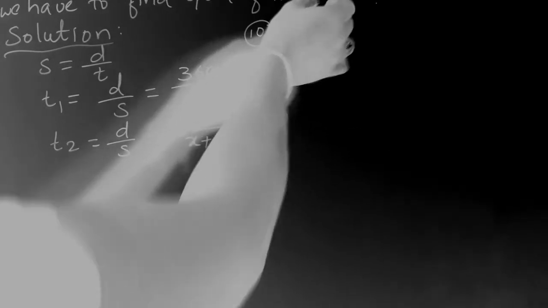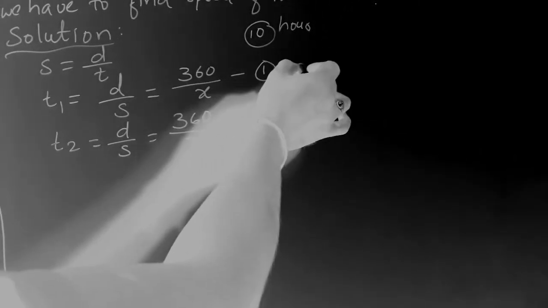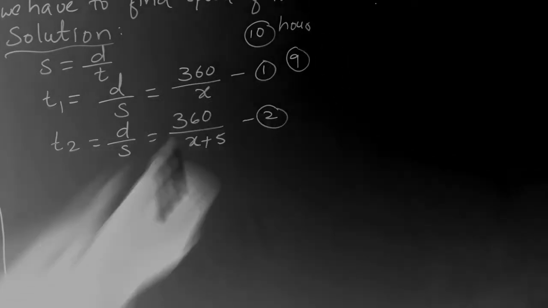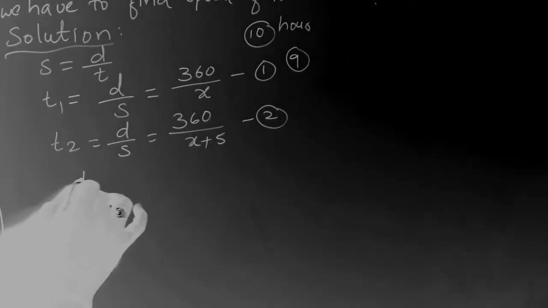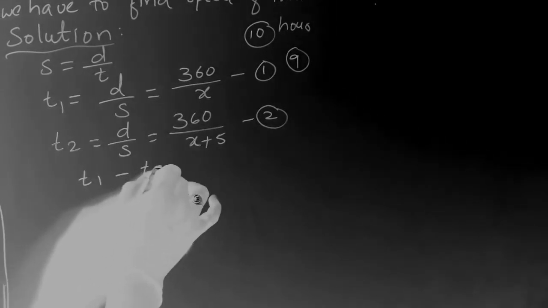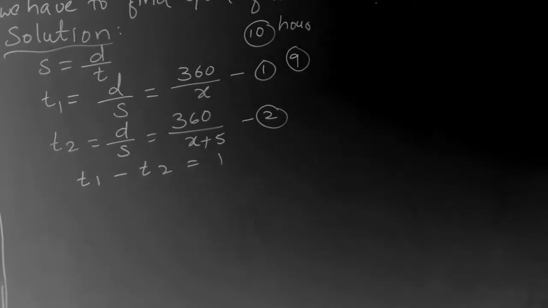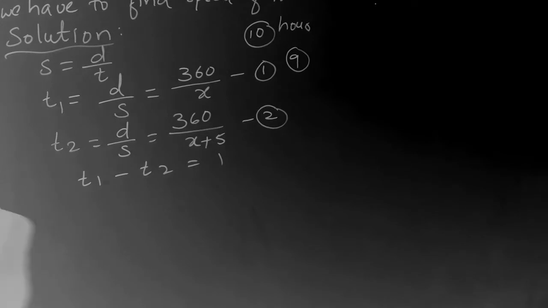If we increase the speed, we take only 9 hours. So that is the difference of times, t1 minus t2 is equal to 1 hour. Now we will use this situation and find out the speed of the train.